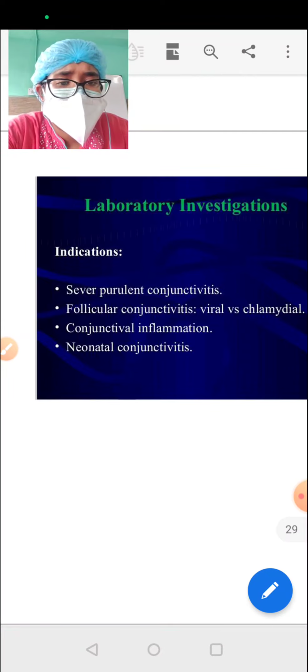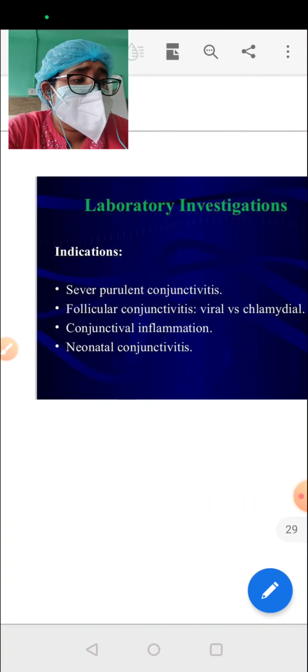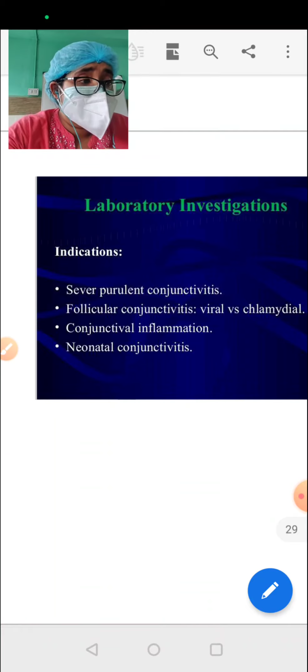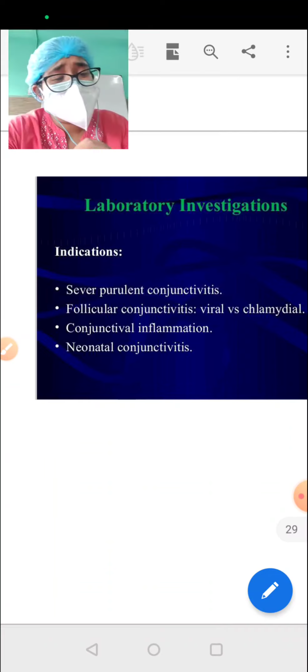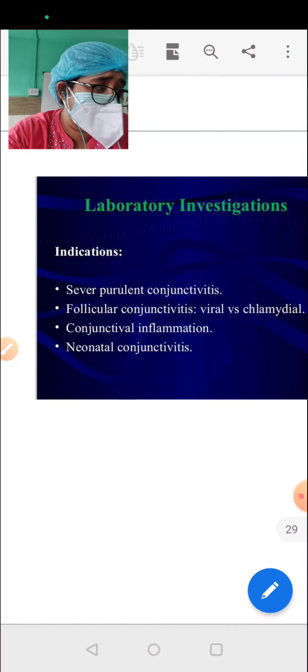These are the things. This is all for now. Another very important topic is neonatal ophthalmia. It is caused by gonococcal infection, Neisseria gonorrhoeae, ophthalmia neonatorum, and it occurs immediately after birth.